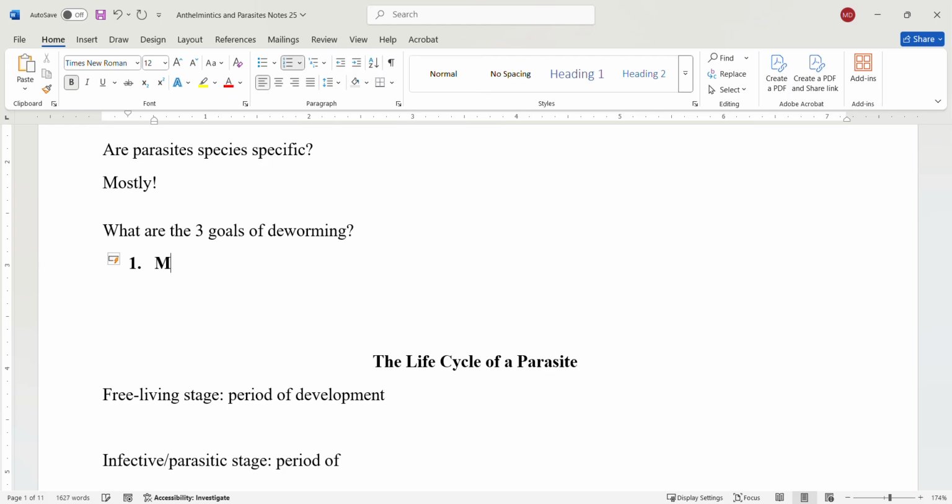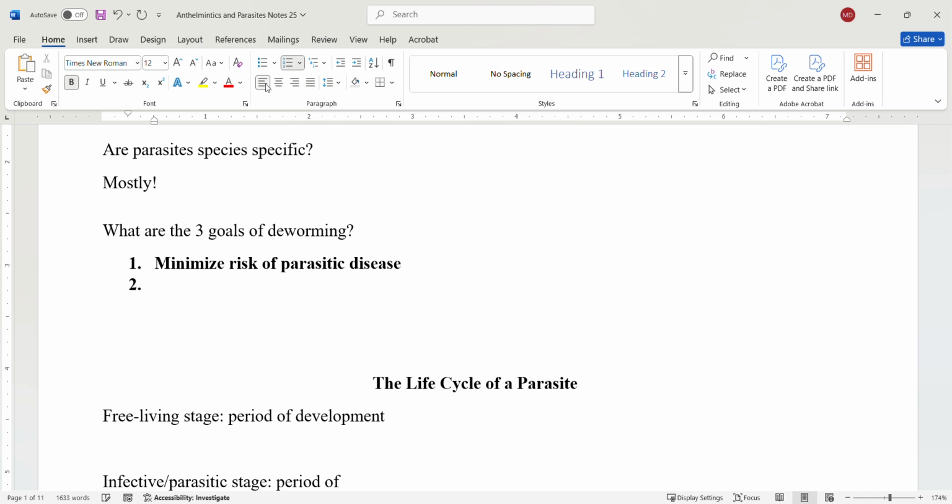One thing we want to do is minimize the risk of parasitic disease. So ultimately, we know our horses are going to have parasites. We just don't want these parasites to negatively impact their health. And so that is one of our goals. One way we can help minimize this parasitic disease is by the control of parasite egg shedding.